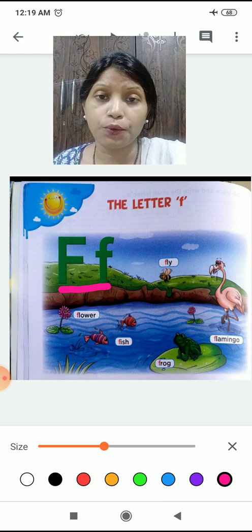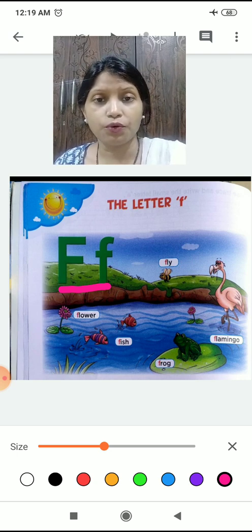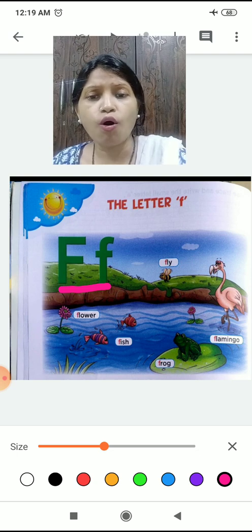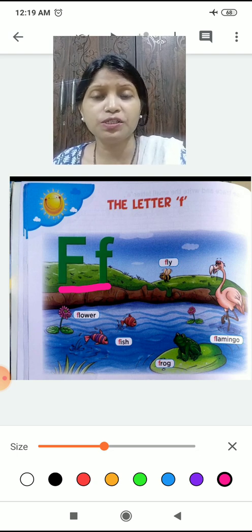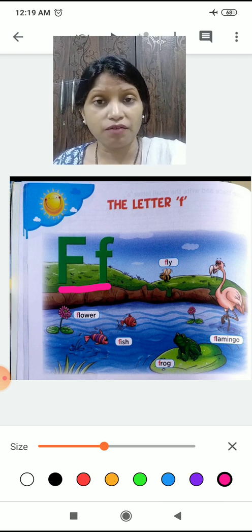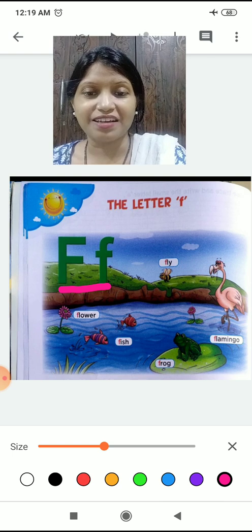F has the sound of F. All the pictures you can see here, यहाँ पे जितने सारे pictures हैं, they have the sound of F. So let's start.